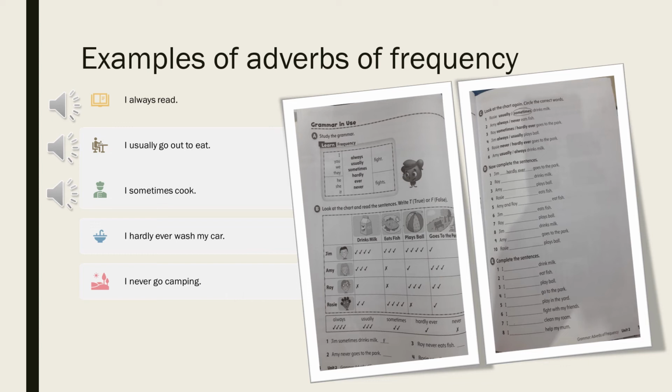As you can see, Jim. Jim drinks milk. What do you see? Jim always drinks milk. Jim usually drinks milk. Jim sometimes drinks milk. Jim hardly ever drinks milk. Or Jim never drinks milk. Yes, Jim always drinks milk. Jim usually eats fish.